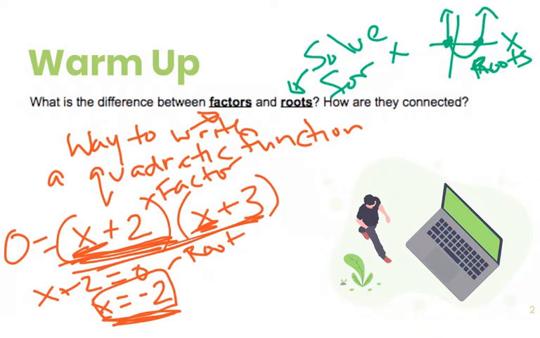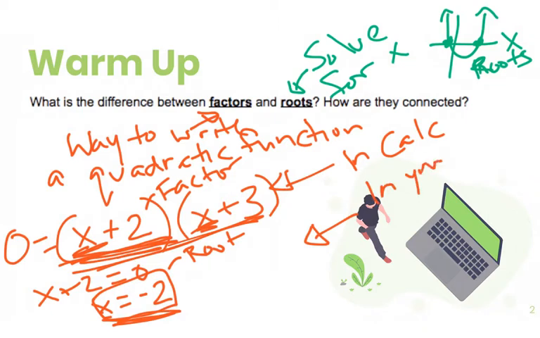Okay, so this is what you'd put in your calculator, and the roots are what you would see in your graph, okay, at the x-intercept. All right, and let me just do the other one since I have it. So your other factor is x plus 3, right? That's inside the parentheses.